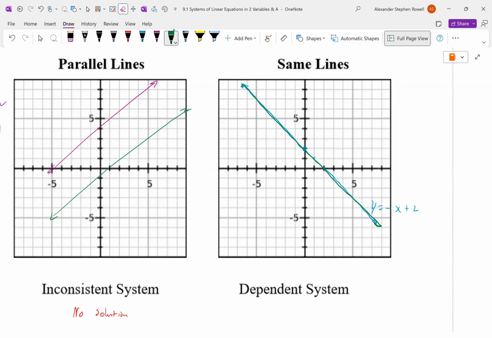So I might say 3x plus 3y is equal to 6. Okay, it turns out these lines are exactly the same. So how many solutions does this system have? Infinite. Okay, but we can't say that every single ordered pair is a solution, even though it's infinite. Right, so for instance, is this ordered pair a solution?